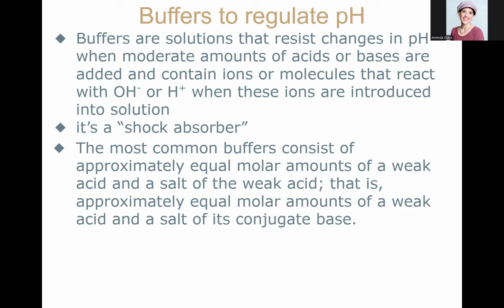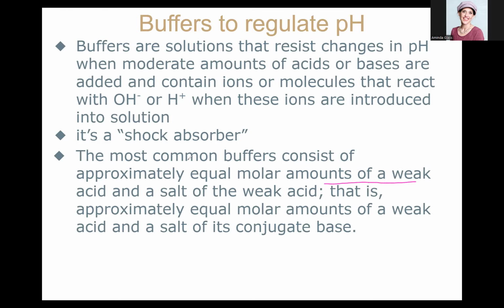Now, the most common buffers consist of approximately equal molar amounts of a weak acid and a salt of its conjugate base. So you need approximately equal molar amounts of a weak acid and the salt of its conjugate base.